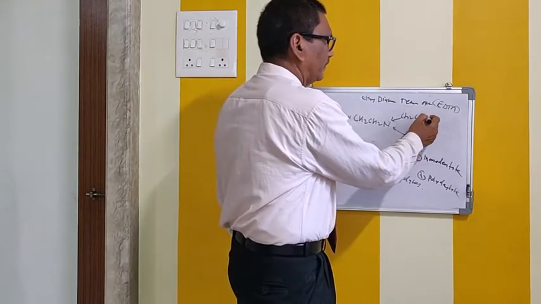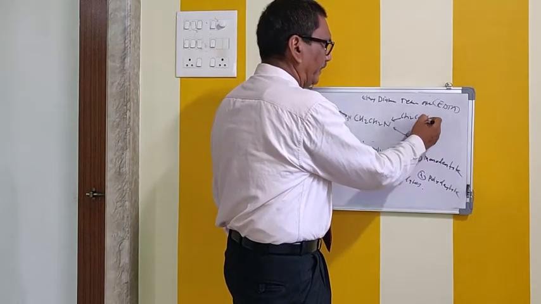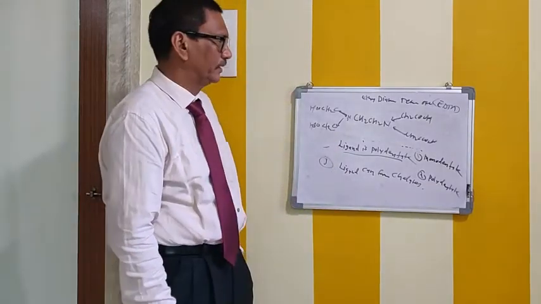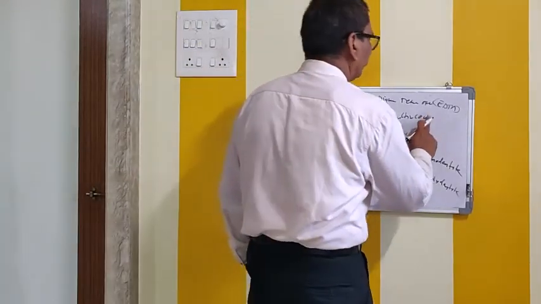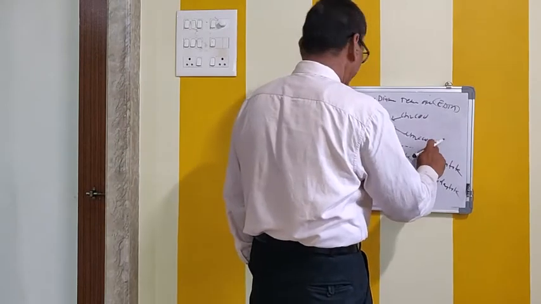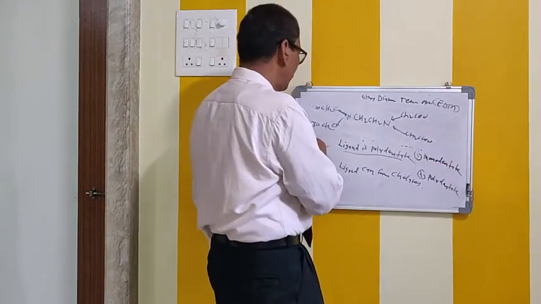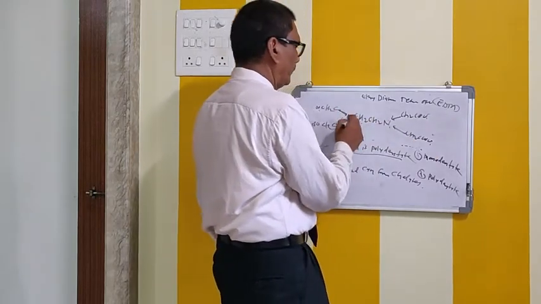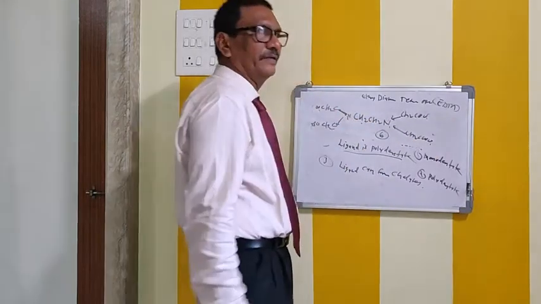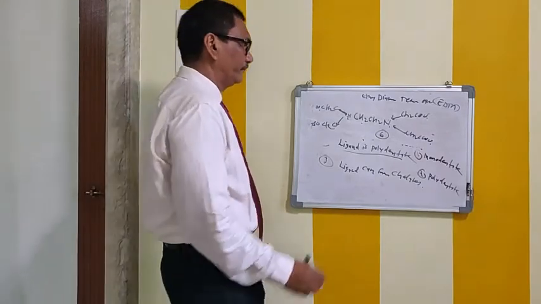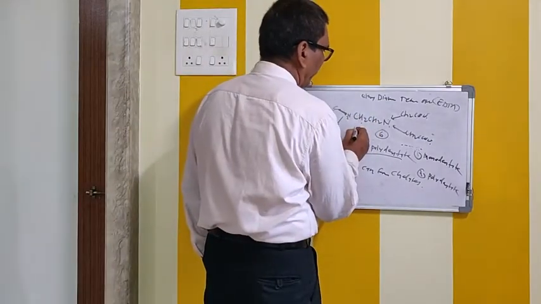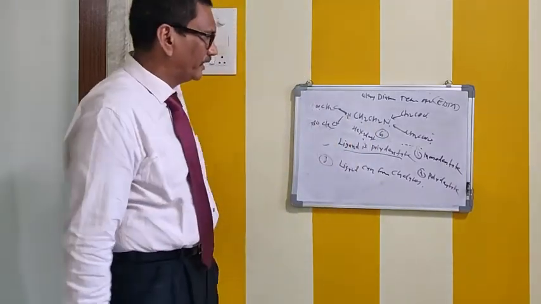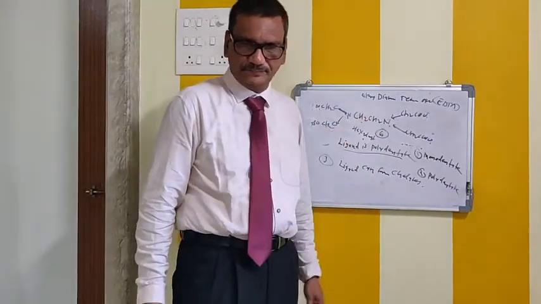If we add H here, it becomes acetic acid, so it becomes ethylene diamine tetraacetic acid. So 1, 2, 3, 4 oxygens and 2 nitrogens: we have 6 points of attachment. That's why it is hexadentate. Denticity is hexa: 6 points of attachment through which the metal can be attached.